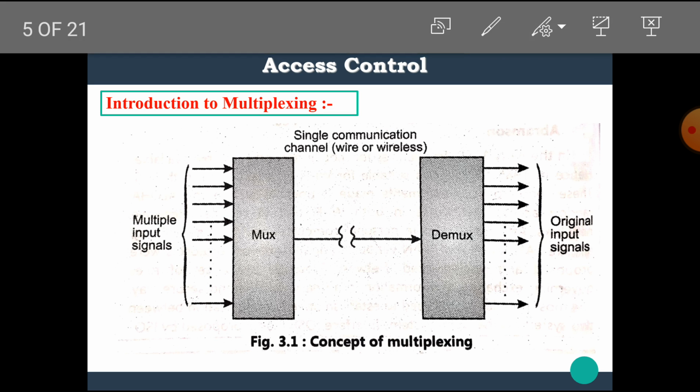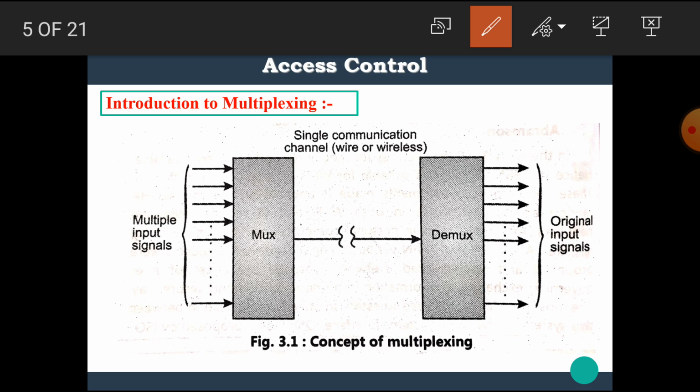Now this diagram shows the concept of multiplexing, in which there are multiple input signals at the input of the multiplexer, but the output of the multiplexer is a single one. This single communication channel, which may be wired or wireless, is transmitted, and then at the receiver side there is a demultiplexer electronic device.